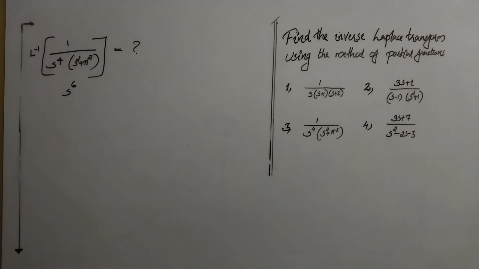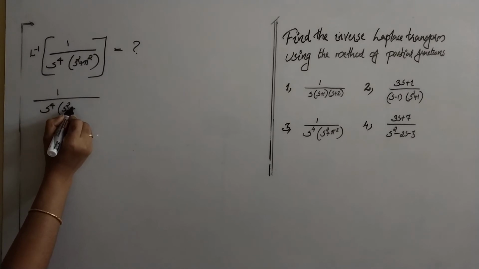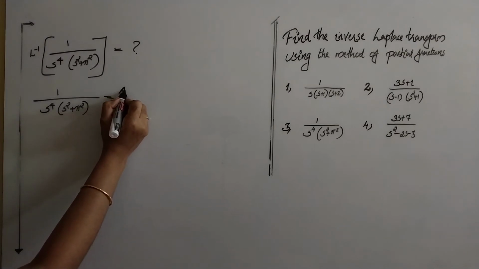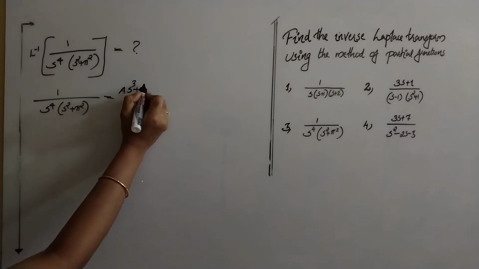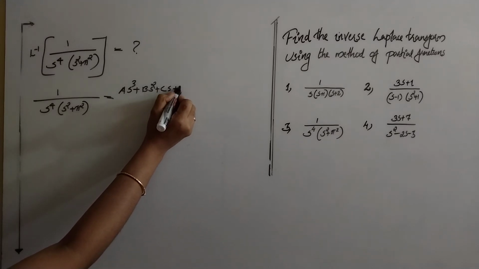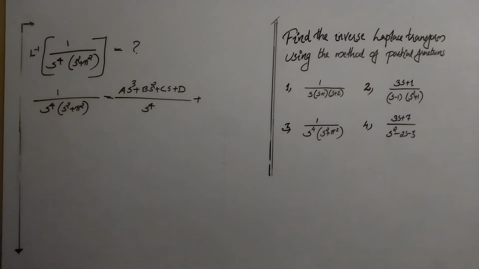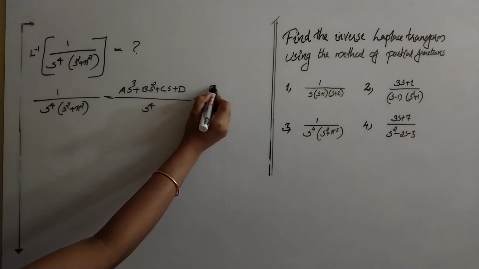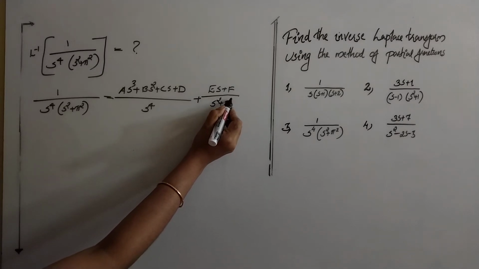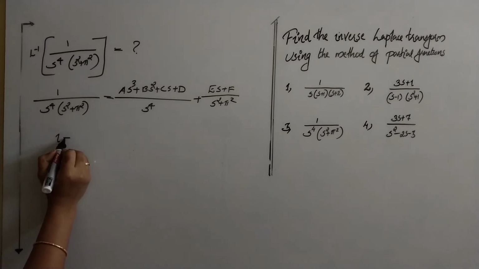So this can be written as 1 by s raised to 4 into s square plus pi square is equal to a s cube plus b s square plus cs plus d divided by s raised to 4, plus es plus f divided by s square plus pi square.